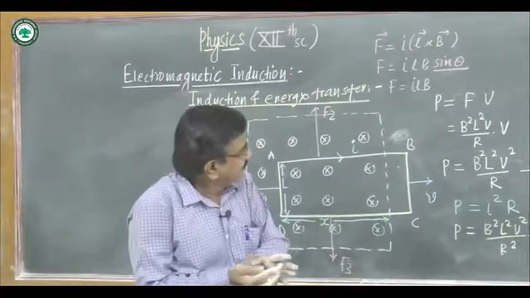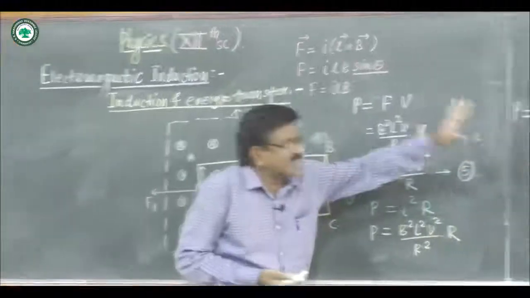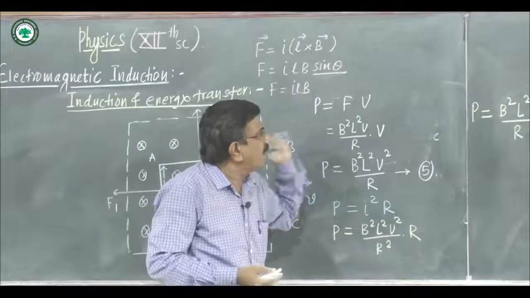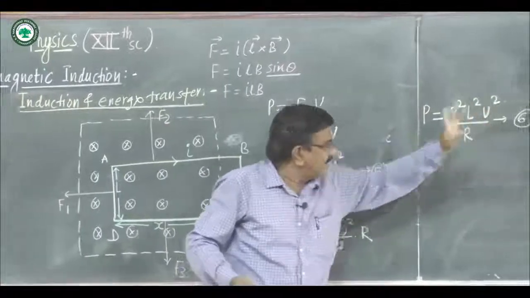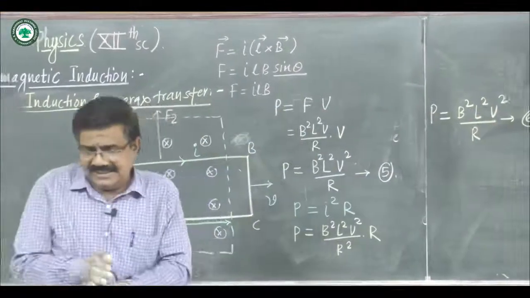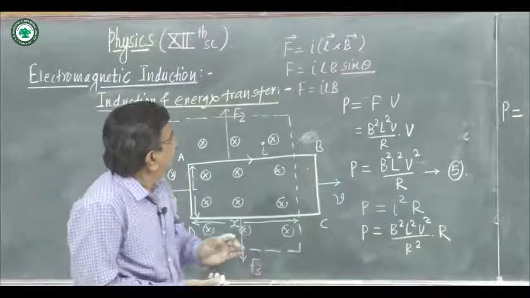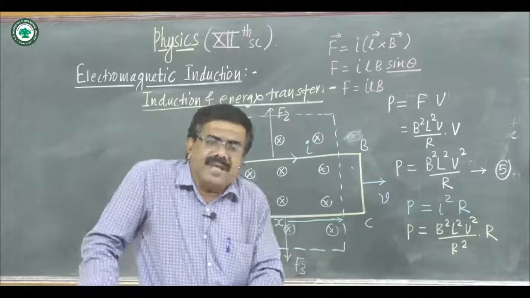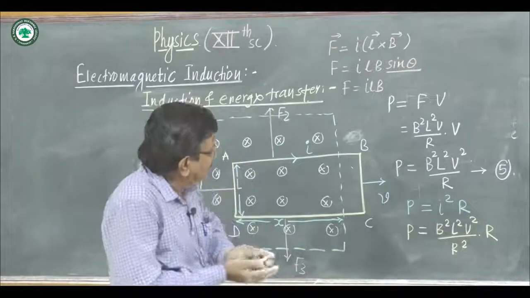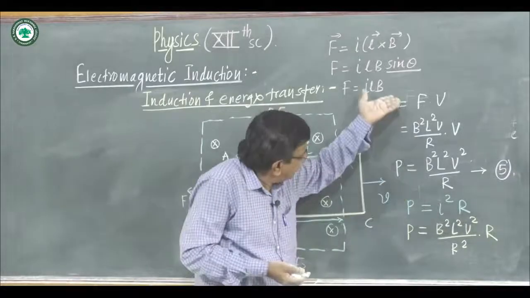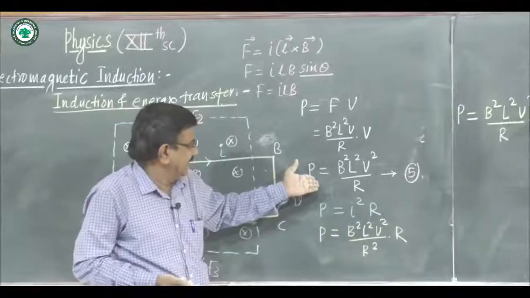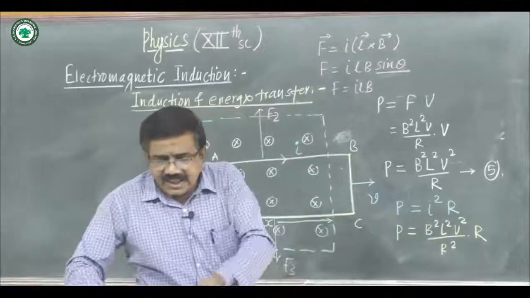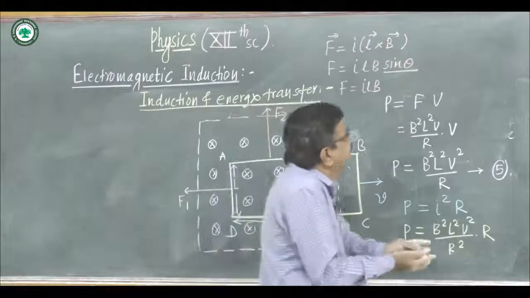Now see equations 5 and 6. This is the power B square L square V square upon R, and again we get P is equal to B square L square V square upon R. This we have obtained as the rate of doing mechanical work, and that equation we have obtained as the rate of production of heat energy in the circuit.